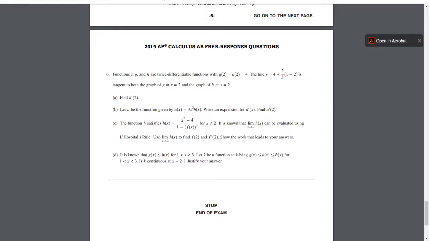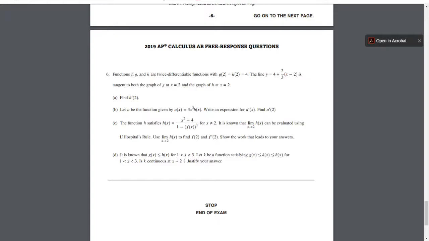Show the work that leads to your answers. Okay, so h satisfies that for x is not equal to 2, but the limit as x approaches 2 of h of x can be evaluated using L'Hopital's rule.